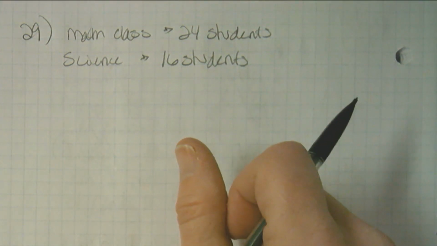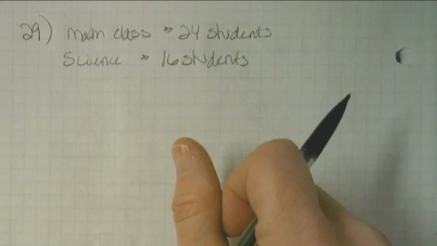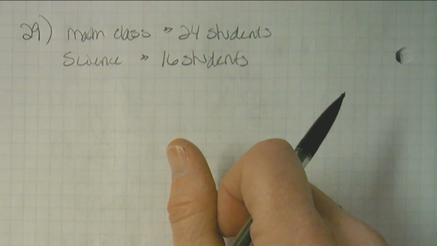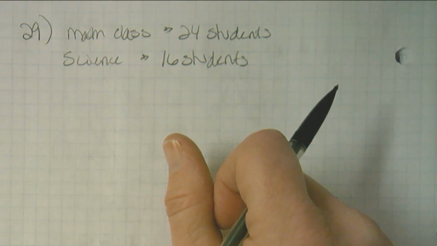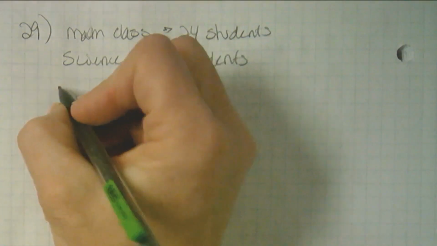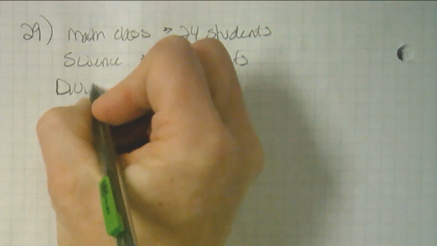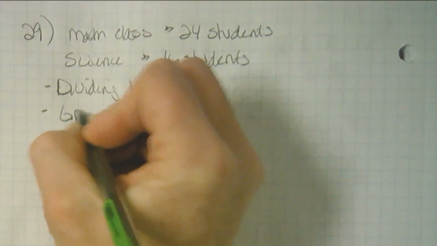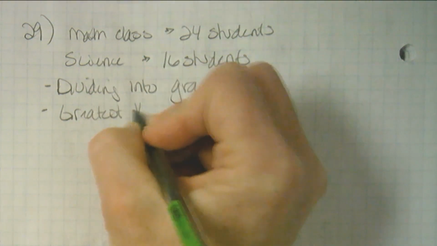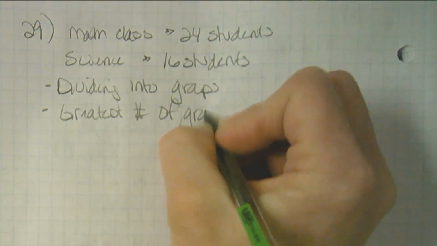All right. So it says each group must have the same number of math students. Teacher needs to divide the students into groups. Each group must have the same number of math students. Find the greatest number of possible groups. We are dividing into groups. That's the first thing. And we want to know the greatest number of groups.